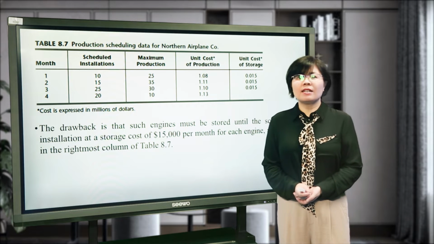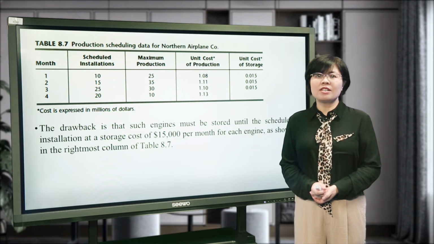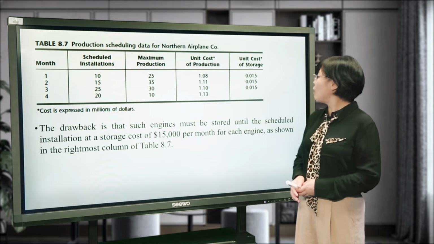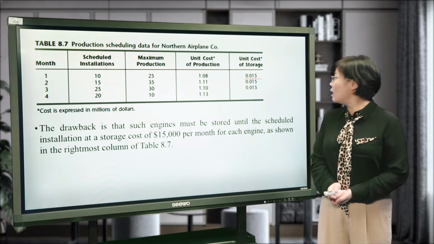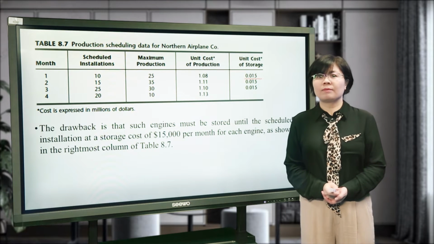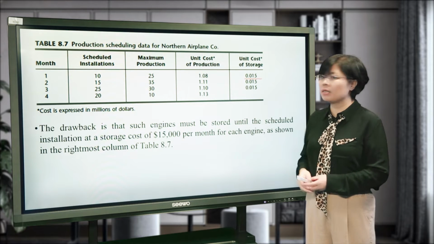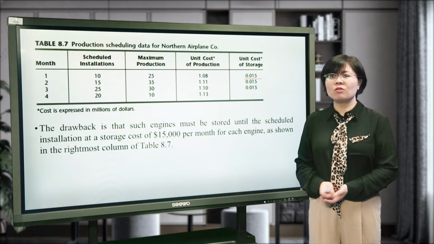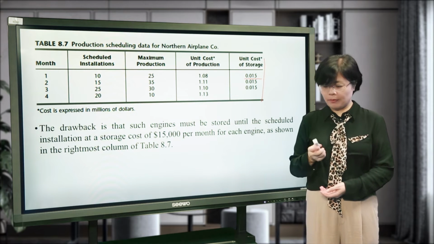The drawback is that such engines must be stored until the scheduled installation at a storage cost of 15,000 per month for each engine, as shown in the rightmost column.